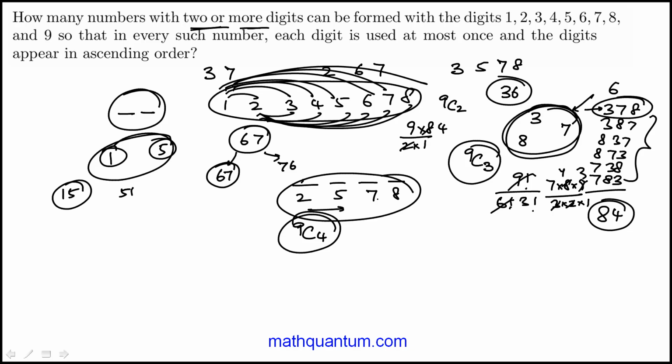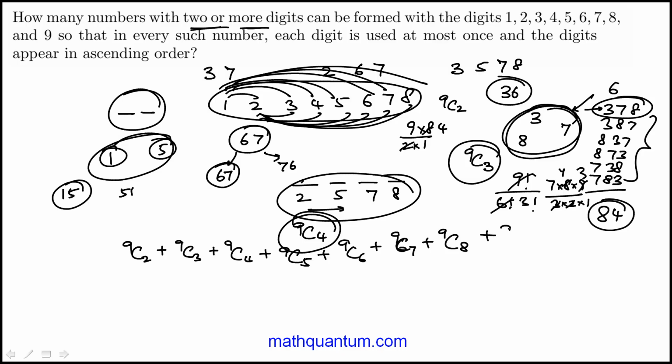So it is a hard question, but you have to kind of be able to see this link. And so the answer really is just 9C2 plus 9C3, 9C4, and you can compute these out as well, up to 9C7 plus 9C8 and then 9C9, which would be just 1.